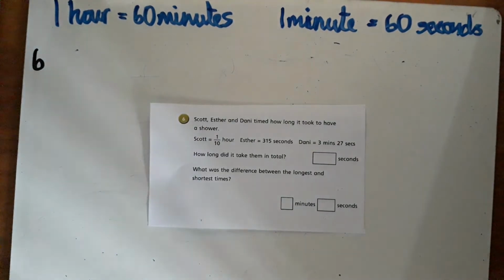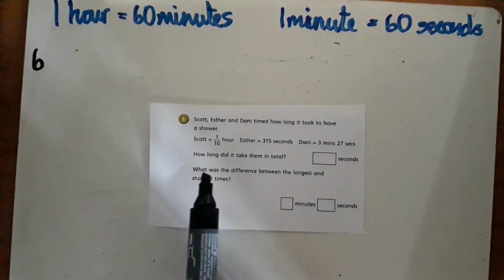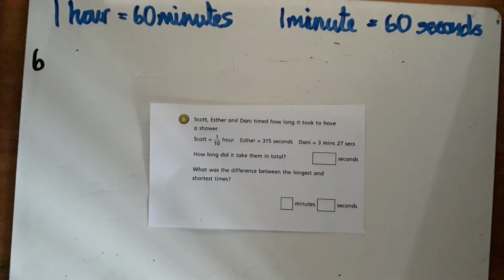So here is question 6. I always start by reading the question and reading all of the information. Okay, so Scott, Esther and Danny timed how long it took to have a shower. Scott took 1/10 of an hour, Esther 315 seconds, and Danny 3 minutes 27 seconds.